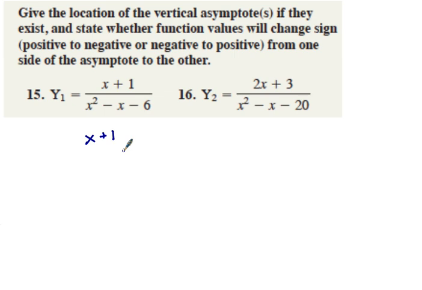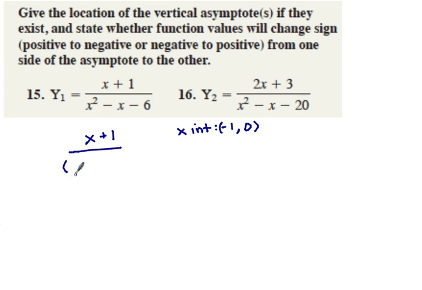X would equal -1, but what does that represent? The x-intercept, good. So I know this has an x-intercept at -1. We found that because we plugged in 0 for y, basically.